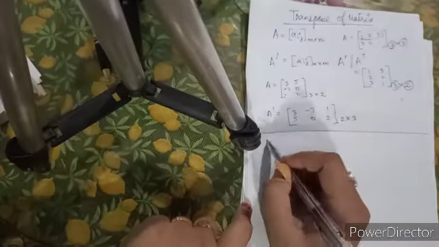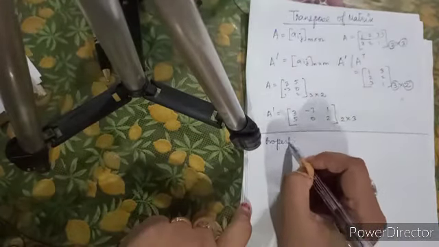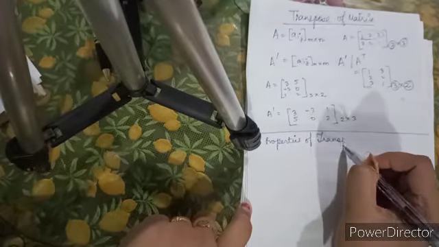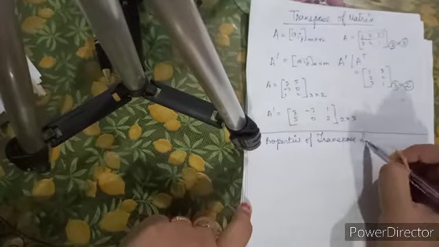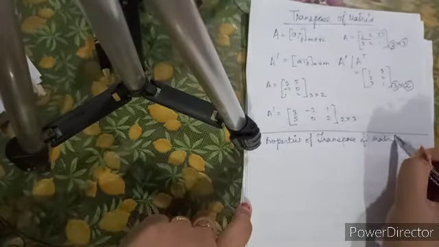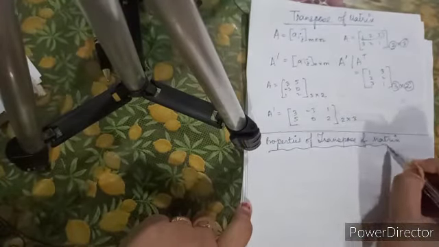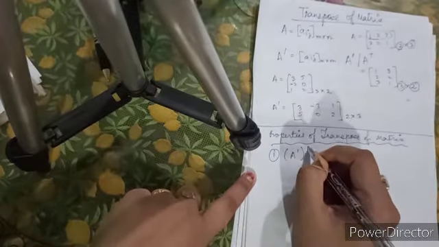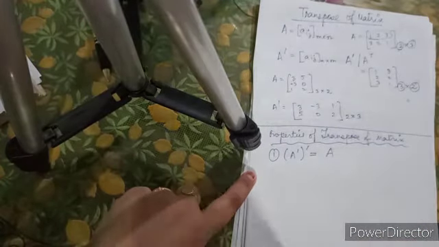Okay, so there are some properties of the transpose of a matrix. The first property is: if you have a transpose matrix and you take the transpose again, it will give back your original matrix.